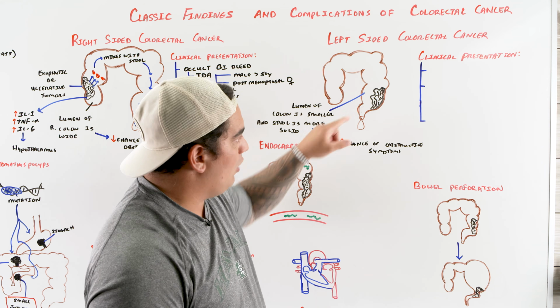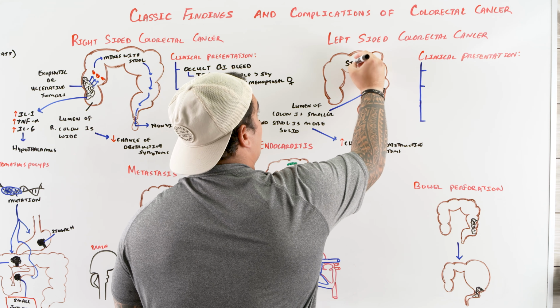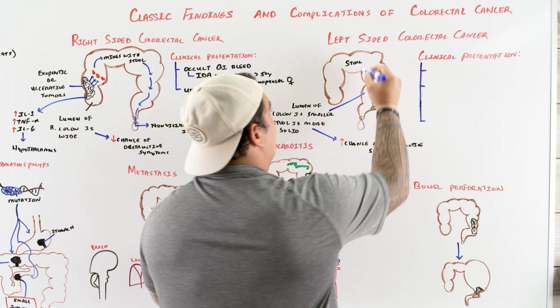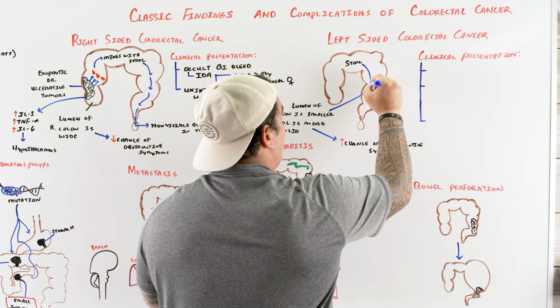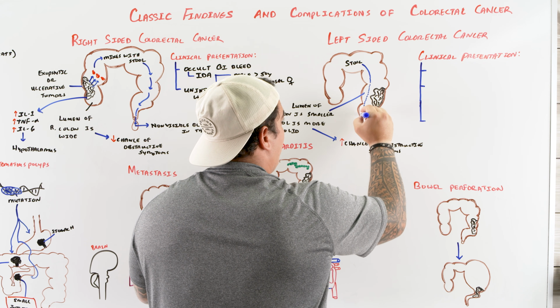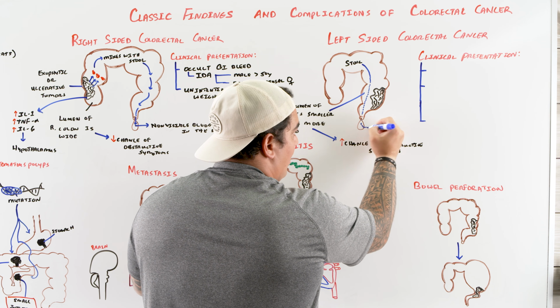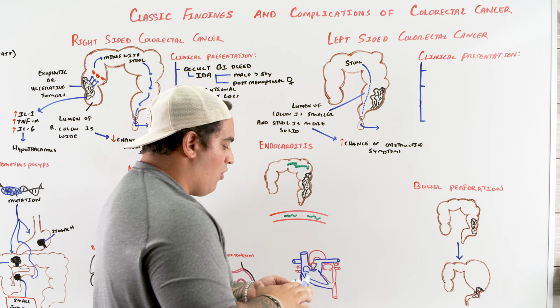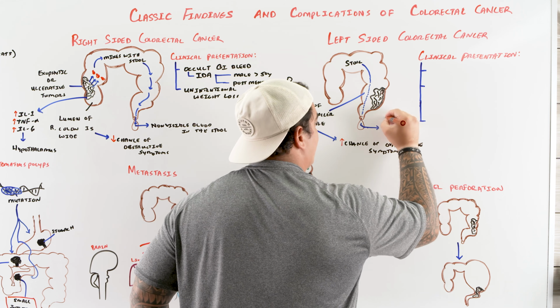Now, with that being said, let's say that I have stool that's trying to move through here and it's a little bit more solid. As it runs through this area, some of it may squeeze by, and it may really have to squeeze past this cancerous stricture. And if it does, you get, I don't mean to be weird or vulgar, a pencil-shaped stool.